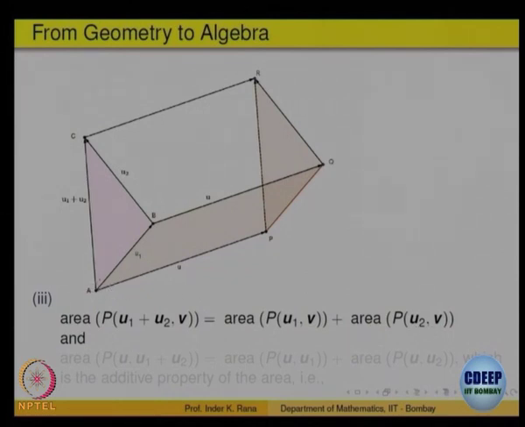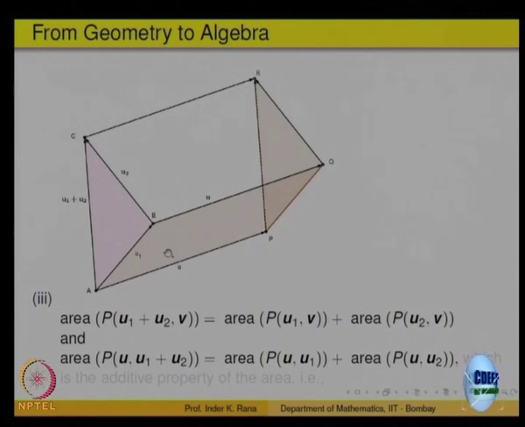If AB is U1 and BC is U2, then the vector sum is AC, this is U1 plus U2, and the area of the parallelogram, this is V. So, what is the parallelogram? That is A, P, R and C. So, that is the parallelogram.